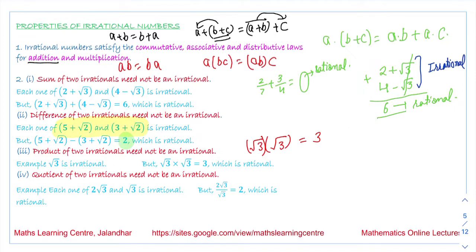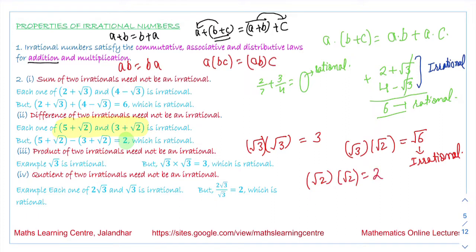We are not saying that this is always the case. If I multiply square root 3 and square root 2, the answer I will get is square root 6. This is an irrational number. But if I multiply square root 2 and square root 2, I get the answer 2, which is a rational number.